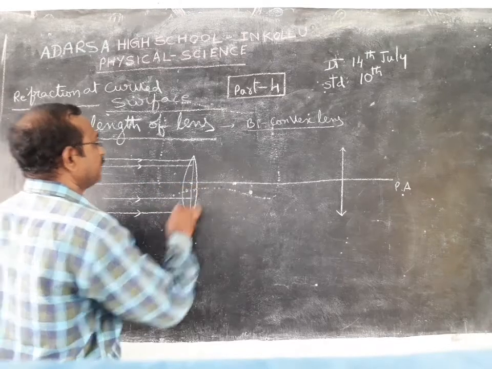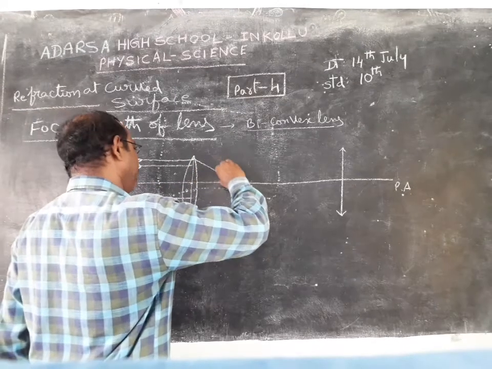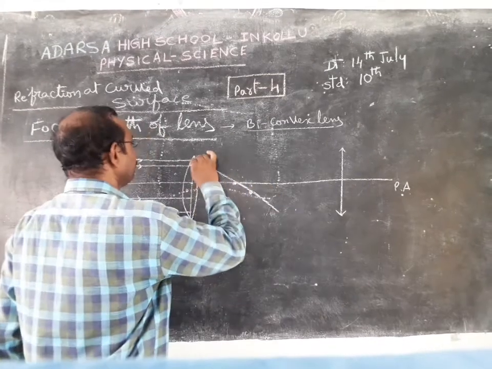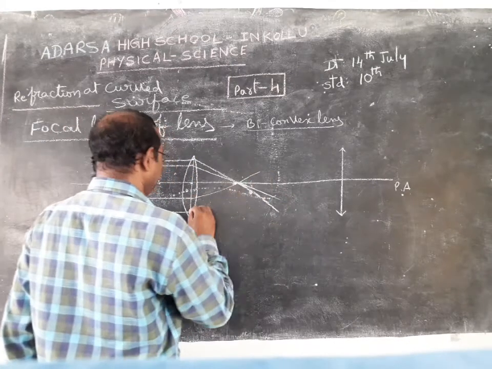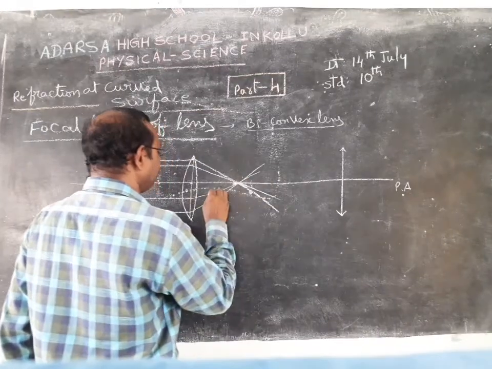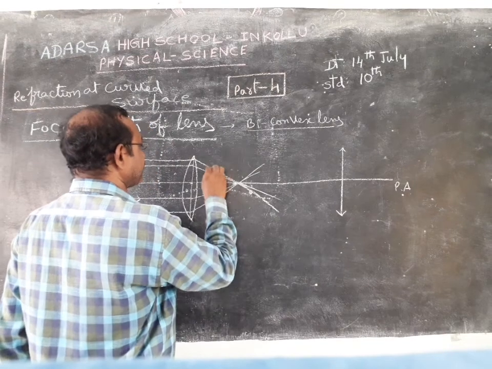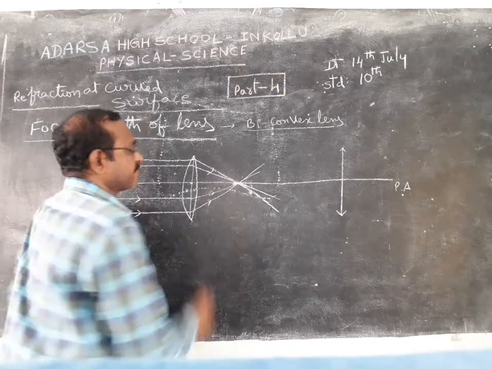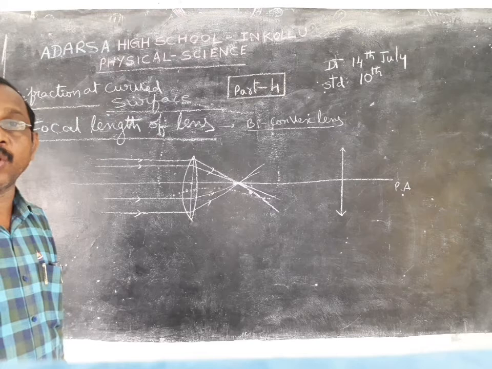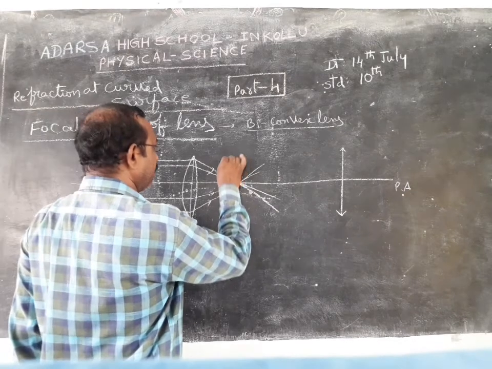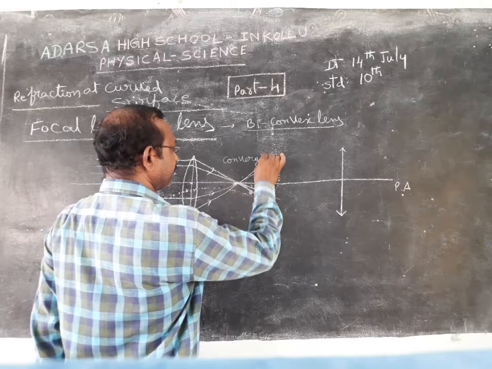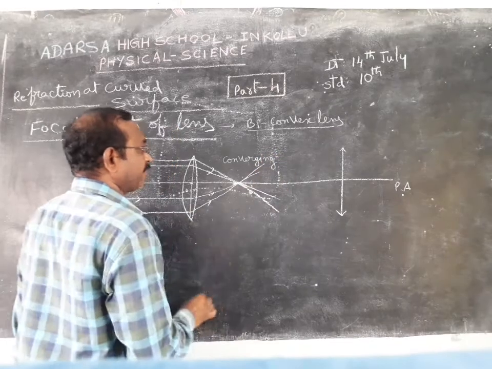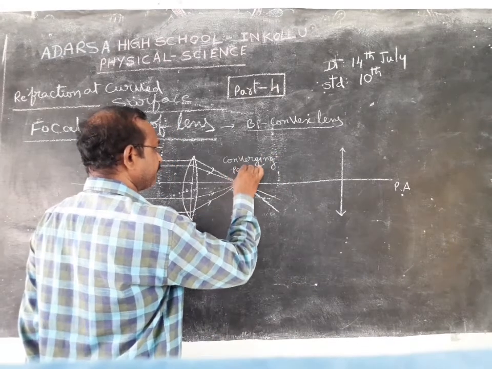This is the optic center. The rays will be refracted and pass through one point on the principal axis, known as the converging point.